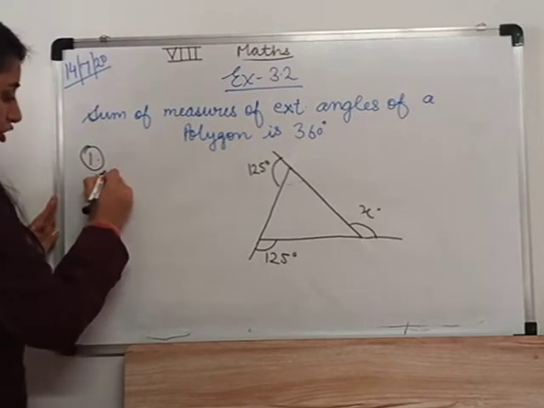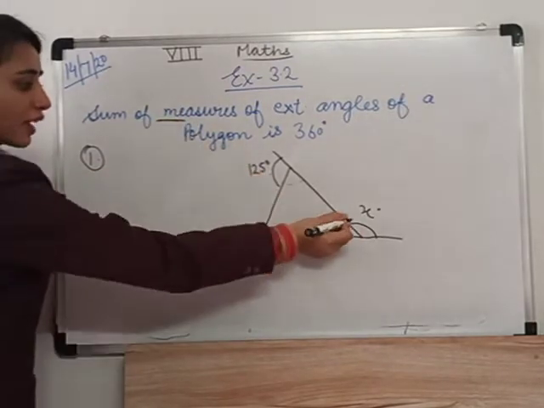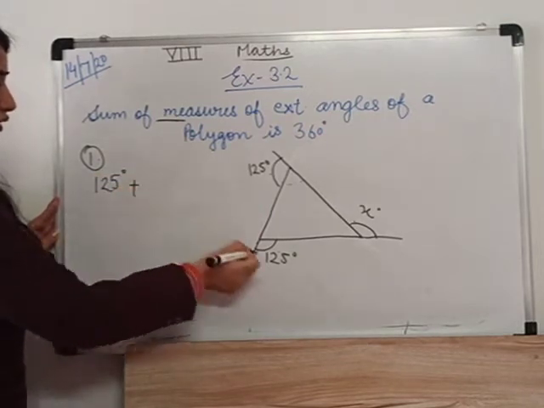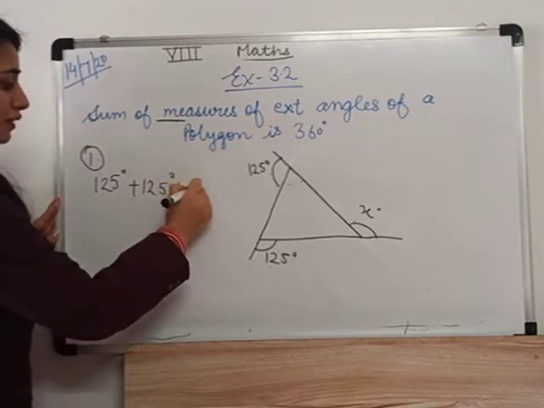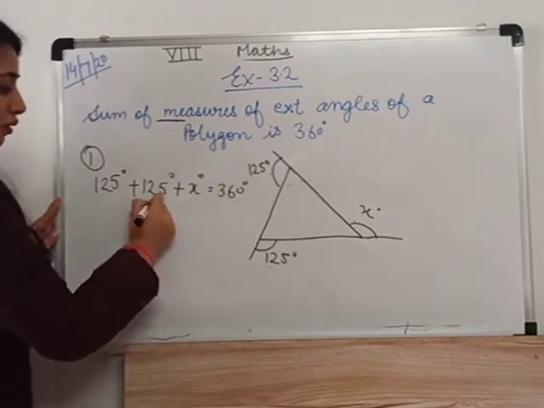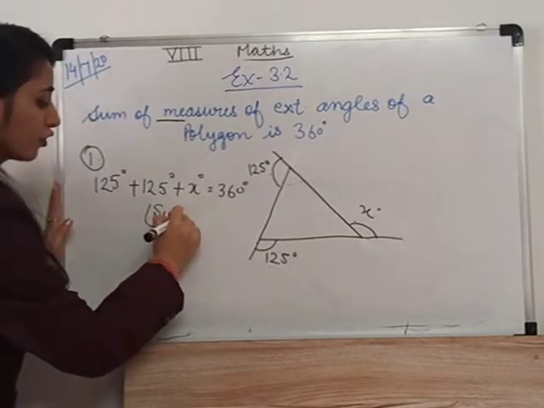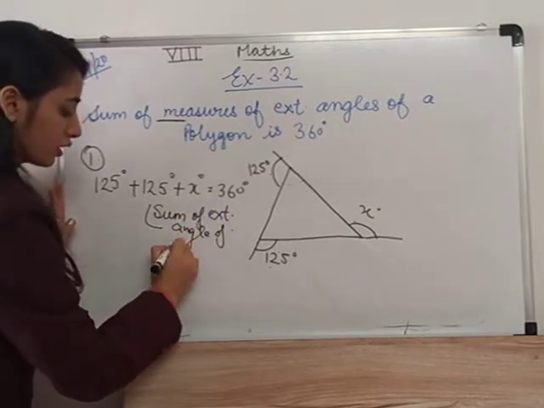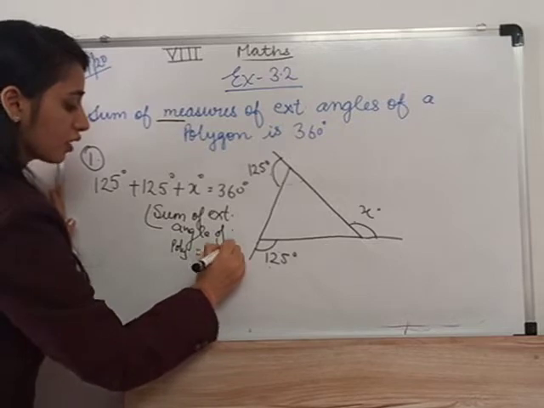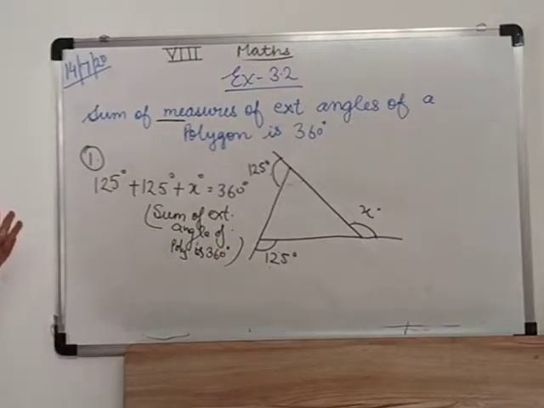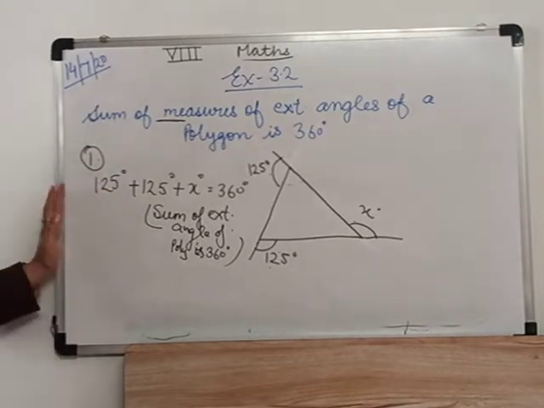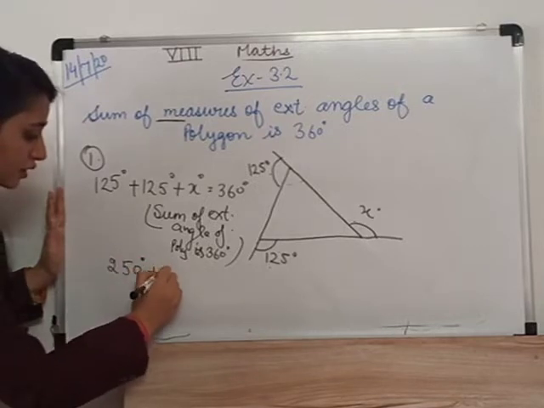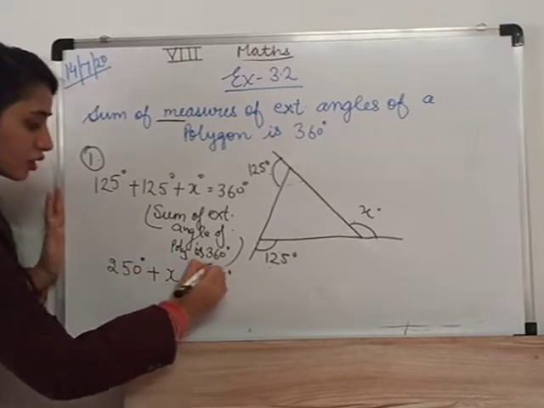We know that the sum of all the exterior angles is 360, so we can write 125 degree plus 125 degree plus x degree is equal to 360, because the sum of exterior angles of any polygon is 360. 125 plus 125 is equal to 250 degree plus x is equal to 360.